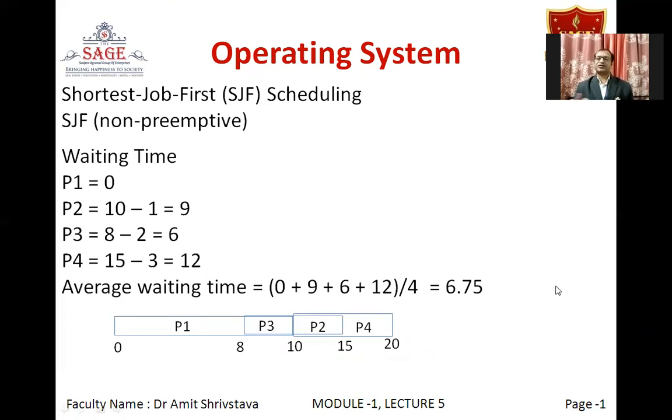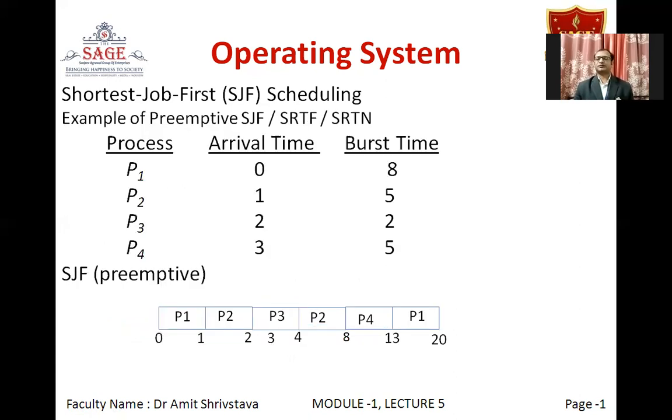So among the SJF itself, the preemptive SJF will give a better average waiting time than the non-preemptive SJF. That is, the preemptive SJF algorithm will be the optimal algorithm as compared to non-preemptive SJF also.